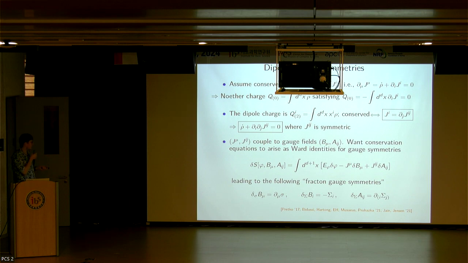So this is a standard U1 transformation, which gives rise to the U1 current conservation in the usual way. But the new ingredient is this dipole shift or dipole symmetry, which is parameterized by sigma, which transforms both the B and the A_{ij} in this way. In some sense, you can view it as a Stückelberg symmetry.